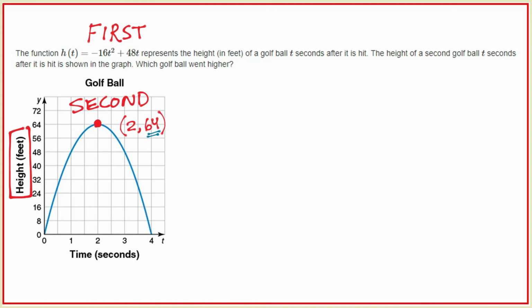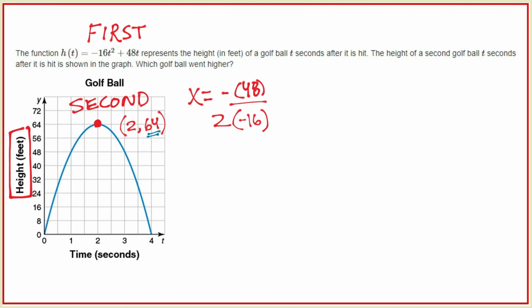So to find the vertex, we're going to have to do some calculations. So we go x equals negative b over 2a, and our b value is 48. Notice that that 48 is connected to a t, which is just like the x term. That is our b value. And our a value is negative 16.